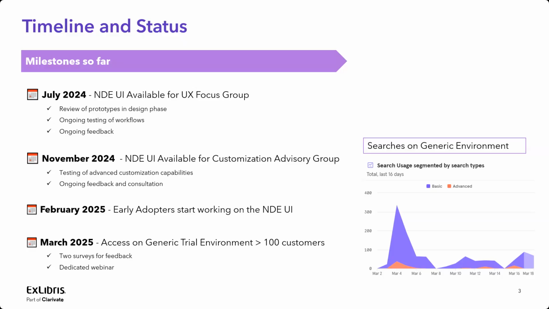There will be 2 surveys for feedback. One survey was sent yesterday, the other will be sent in April. And we are doing a webinar on March 31 to go over the questions and feedback that will be raised in the first survey.